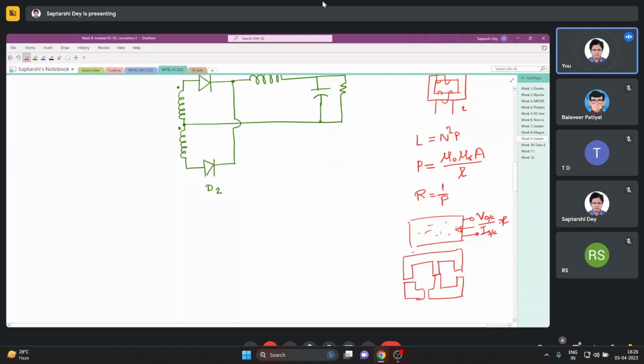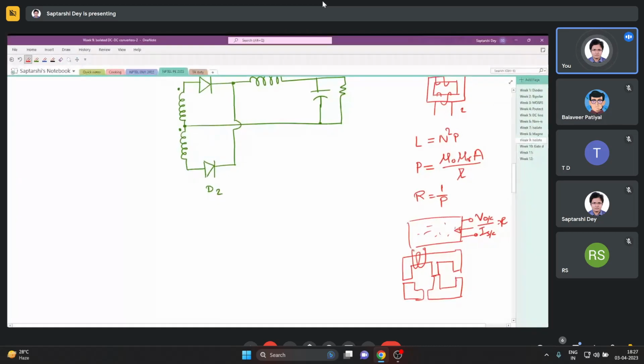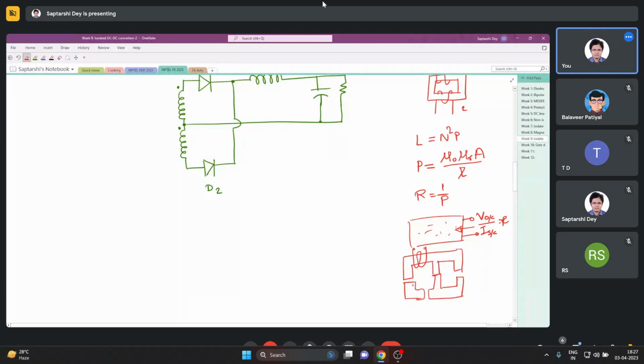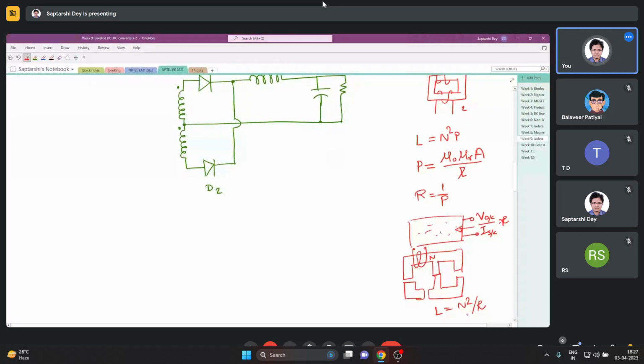Now you put your coil somewhere. Once you put the coil somewhere, it sees some reluctance from here. Whatever reluctance it is, and this coil has some number of turns n, the inductance of this coil will be simply n squared divided by that reluctance R.